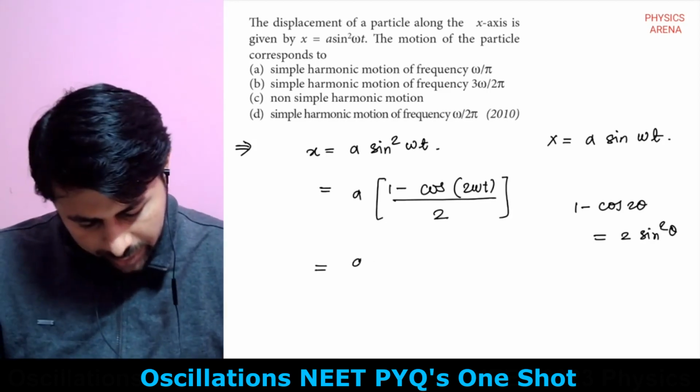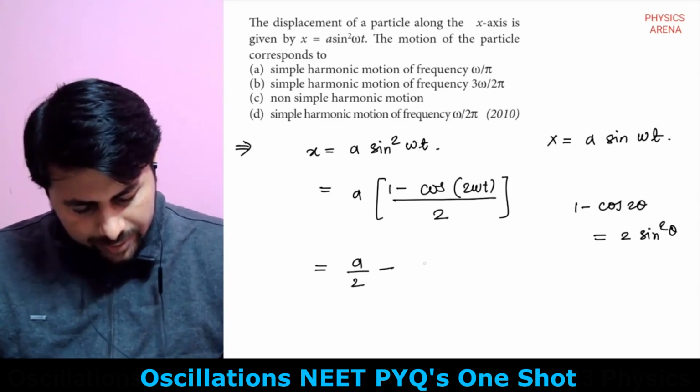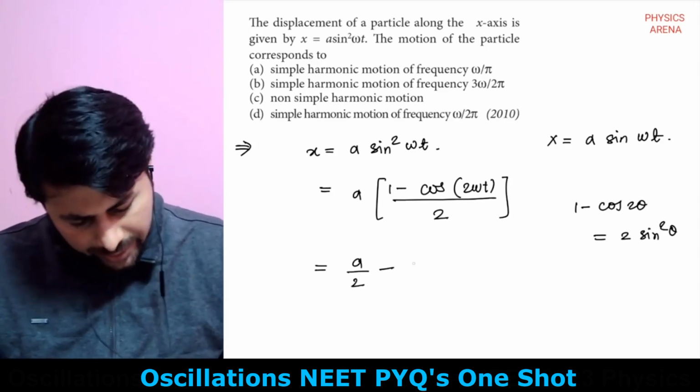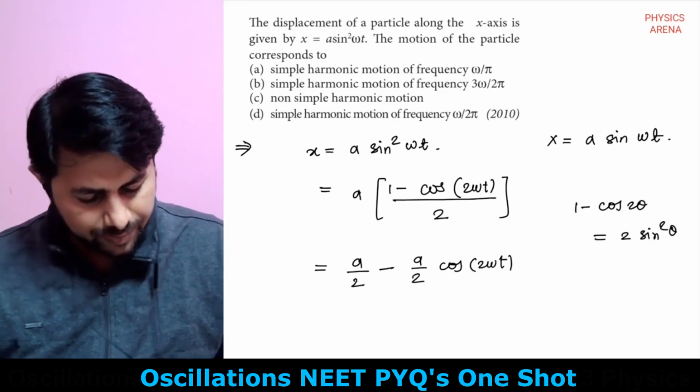So you have a by 2 minus a by 2 cos of 2 omega t.